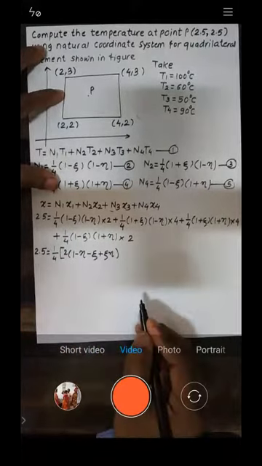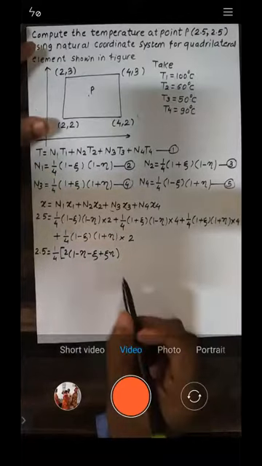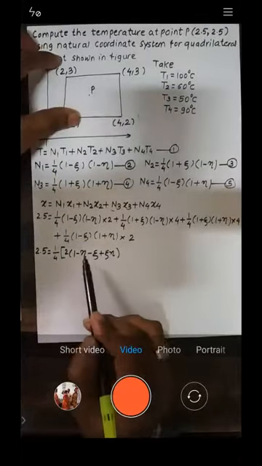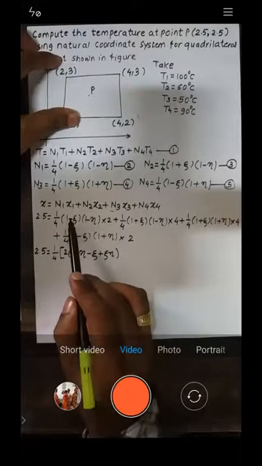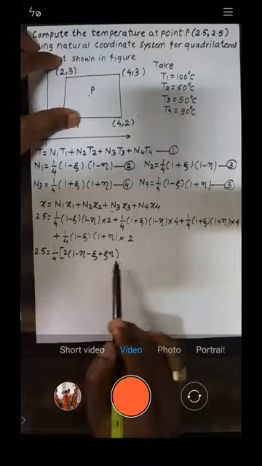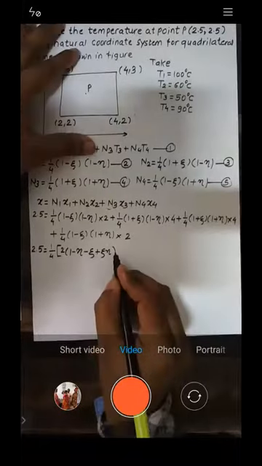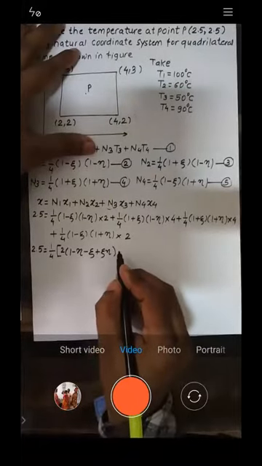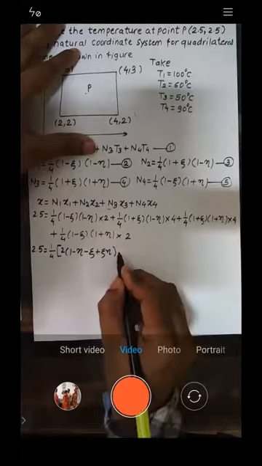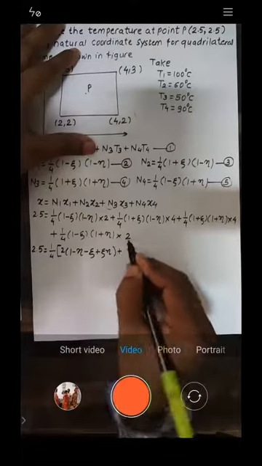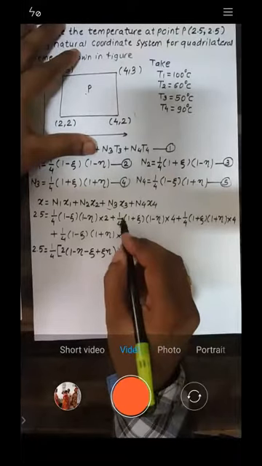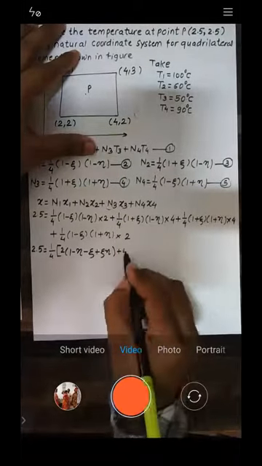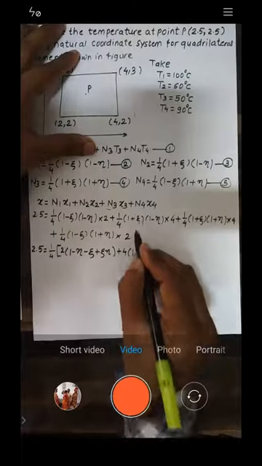Yes or no? 1 into 1 is 1. 1 into minus neta, minus zeta into 1, and minus zeta into minus neta is plus zeta neta. Is it okay? Plus, I have taken 1 by 4 common, so remaining is 4. 1 into 1 is 1.